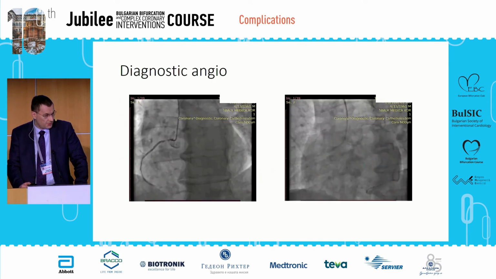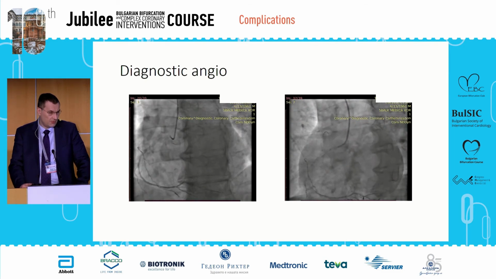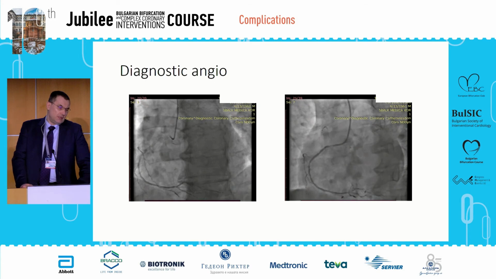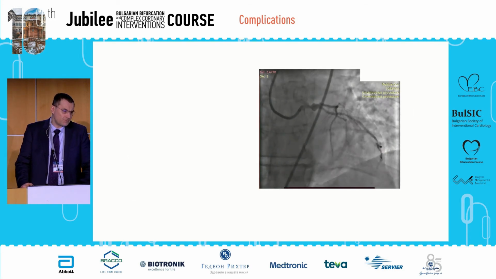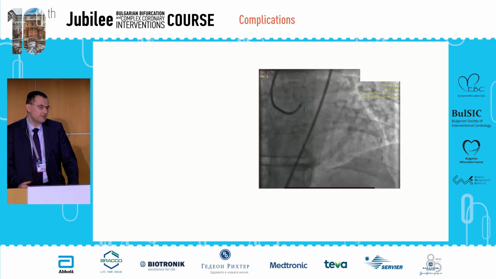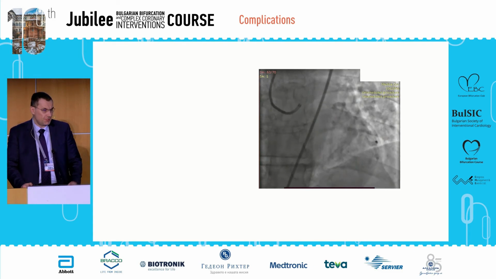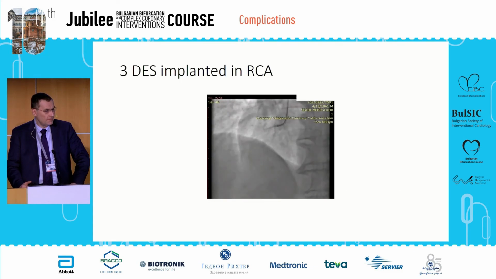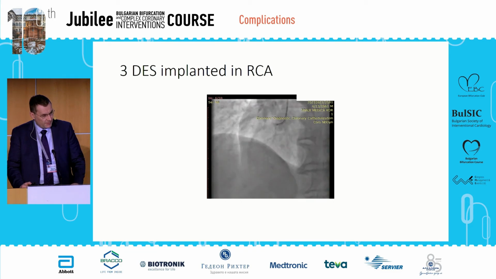The patient had a 3-vessel disease with critical ostial right coronary artery disease, and highly calcified left main disease, distal left main, with a huge aneurysm at the distal bifurcation of the left main.